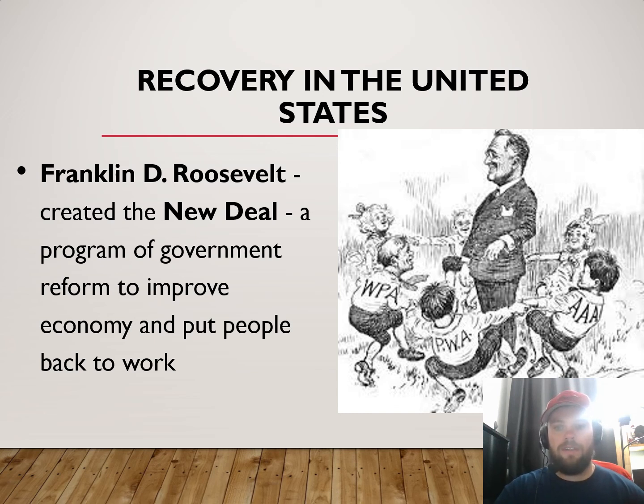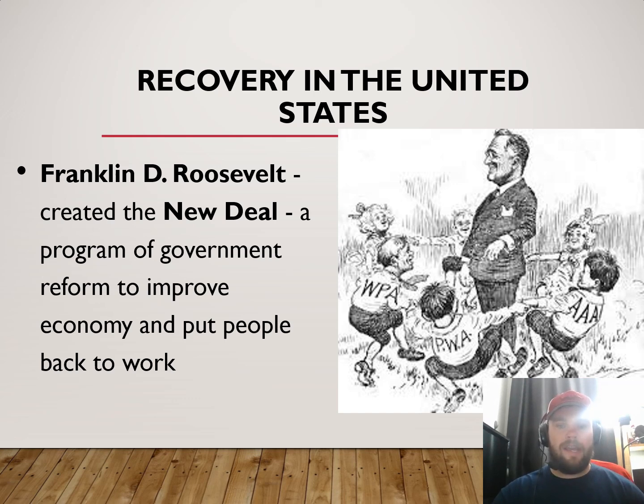What the New Deal did is basically it put people to work building stuff for the government. So the Hoover Dam, which is out by Las Vegas, was built during this time. Roads were built during this time. The national park system, which is like the Grand Canyon, different parks throughout the nation, were made during this time, and people were paid to do that, which in turn helped the economy.